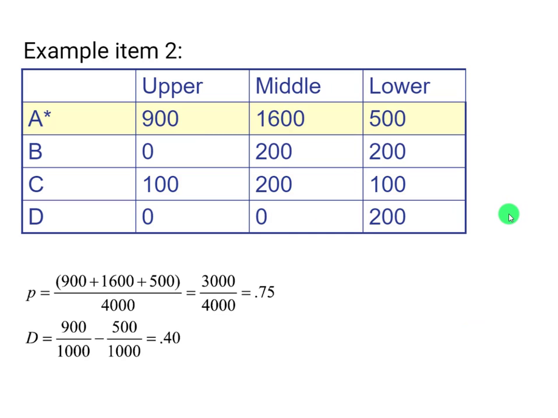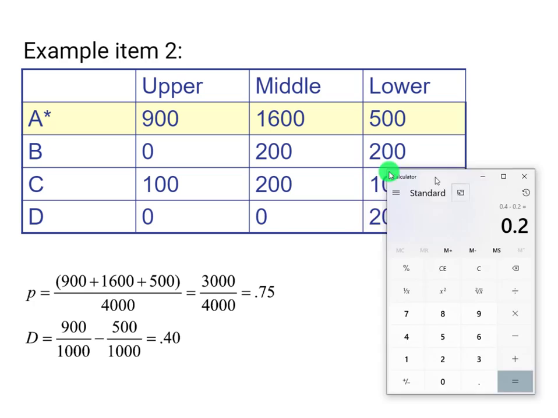Let's do another one. Same exact thing. We still have 1,000 students here in the upper group, 1,000 students here in the lower group, and 2,000 students here in the middle group. This time the correct answer was A. So if we wanted to find the difficulty, remember we add up everybody that got the answer correct and divide it by everybody that answered the question. Here, let me bring over my calculator again.